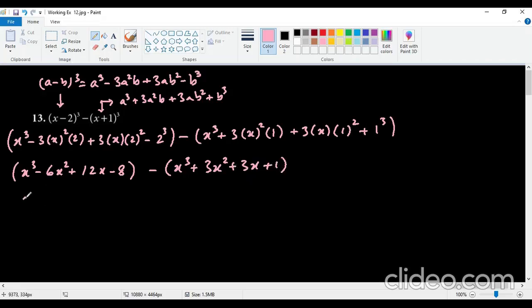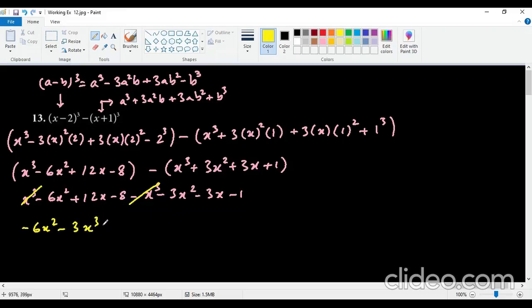Now here we are going to be using minus plus 12x minus 8. This minus is going to make this x cube minus 3x squared minus 3x and minus 1. And now you know very well this one and this one both can be cancelled, and minus 6x squared and this minus 3x squared is going to come from here, and plus 12x and minus 3x, these two we are talking about, and then minus 8 minus 1.